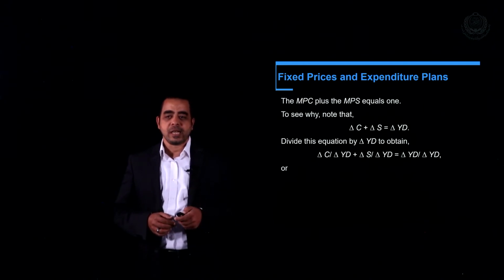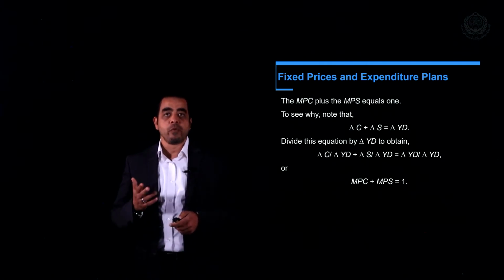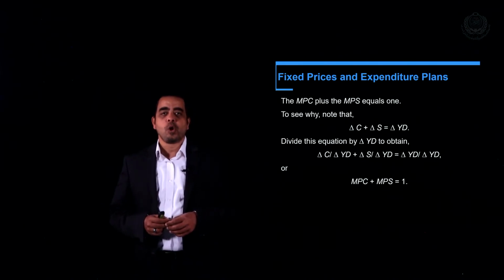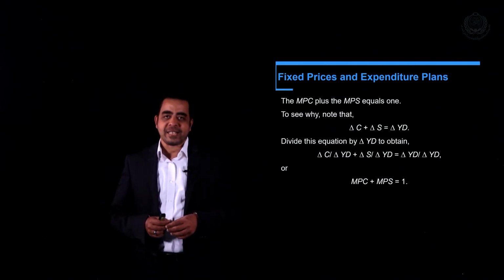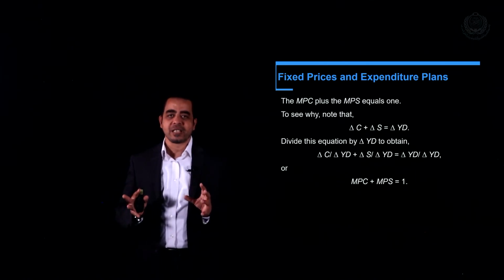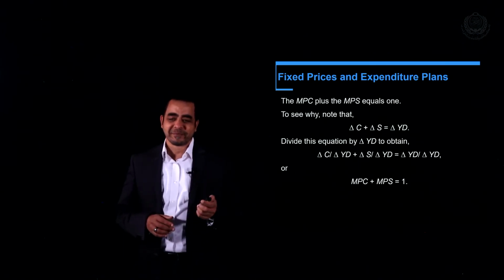So delta C over delta YD equals the MPC, delta S over delta YD equals the MPS, and delta YD over delta YD equals 1. So the summation of both MPC and MPS will always equal 1, as your disposable income has only two channels to go to, either savings or consumption.